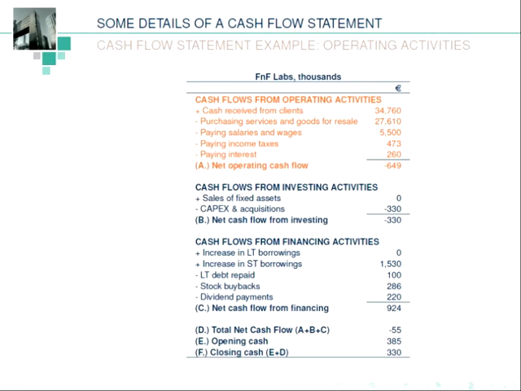The same holds for any of the other items that we observe here. So purchasing services and goods for resale refers to the purchase of raw materials and services of third parties, but it only refers to the cash items.